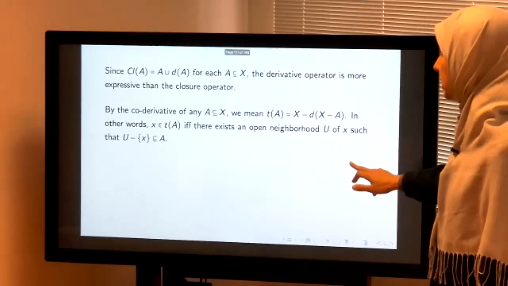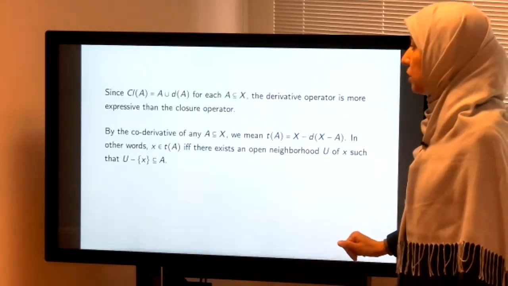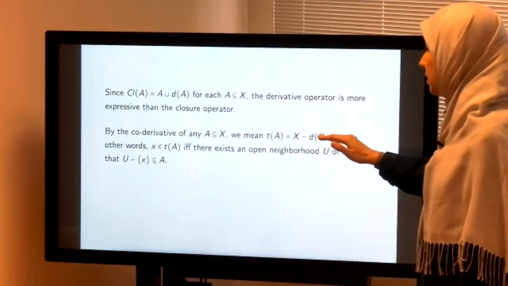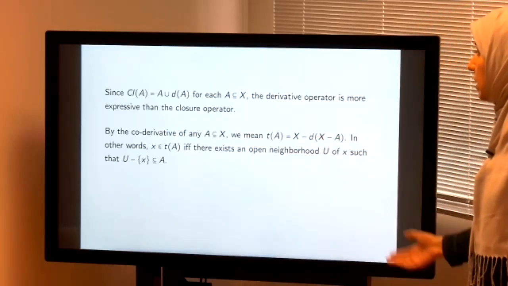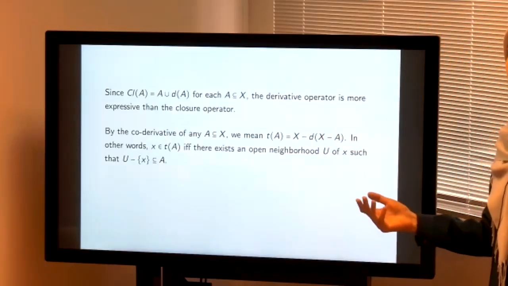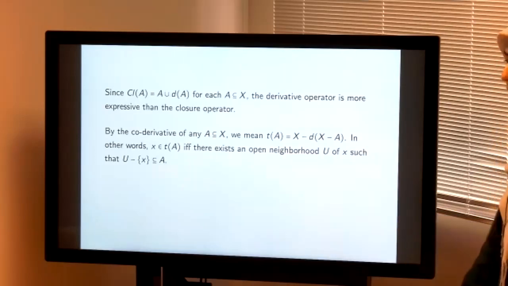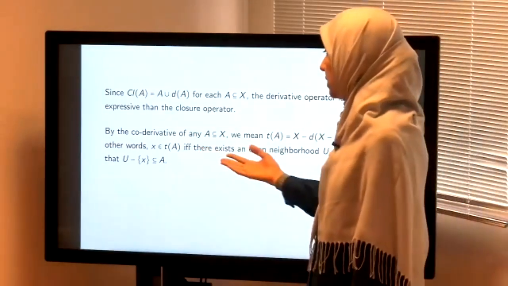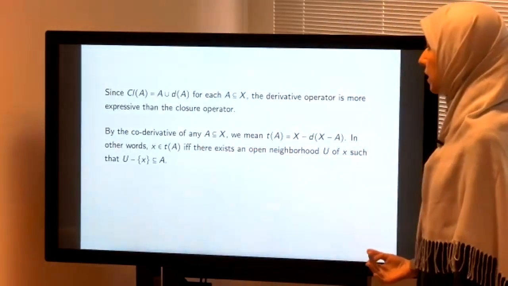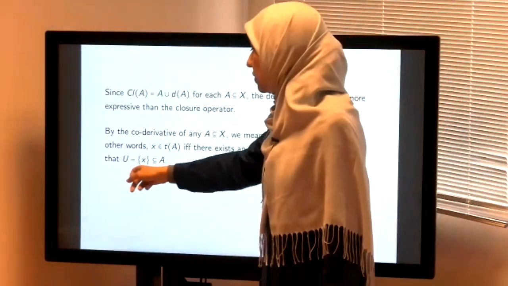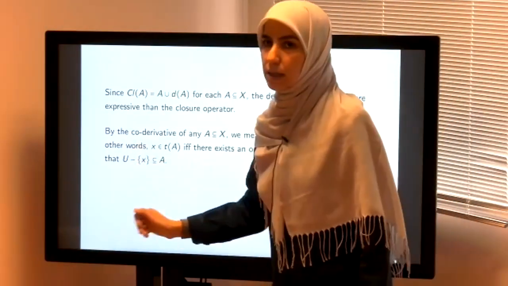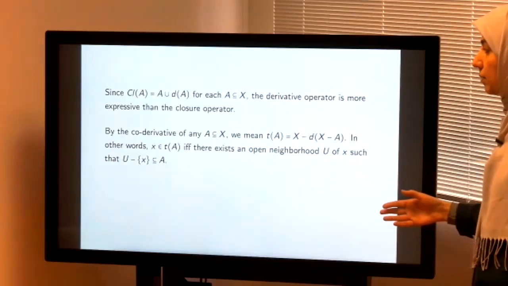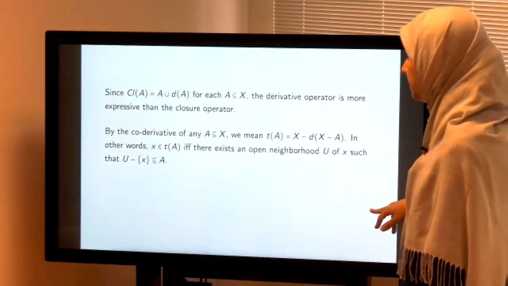We call it T of A, the co-derivative. For any subset A of X, T of A is X minus D of X minus A. It's the complement of the set of limit points of the complement of A. In other words, x is in T of A if and only if there exists an open neighborhood U of x such that U minus x is a subset of A. x itself can be in A or not.